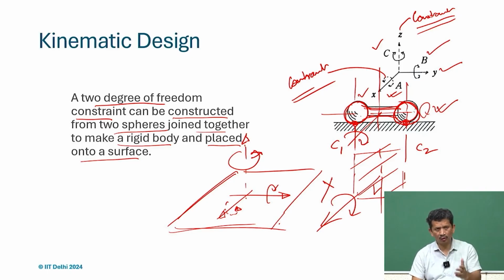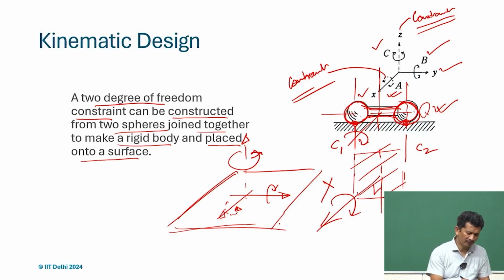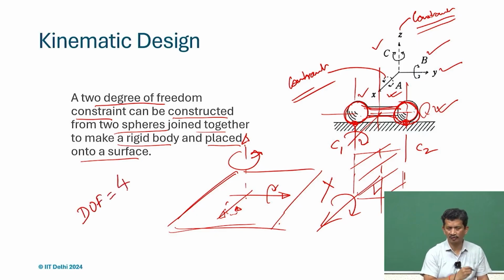So, two contacts, two constraints, and we have total number of degrees of freedom here 4. That also we get if we say for general body it is 6 minus 2 constraints or 2 contacts.